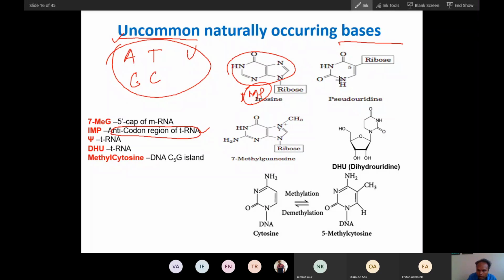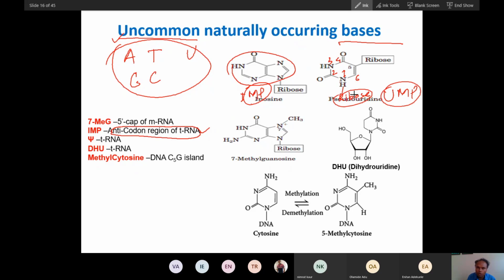So pseudouridine. You can see this is uracil only, but if you put nomenclature, this will be 1, 2, 3, 4, 5, and 6. So these are the numbering of the atoms in uracil. But in normal condition, this ribose should be bound to this, and this is normal UMP.